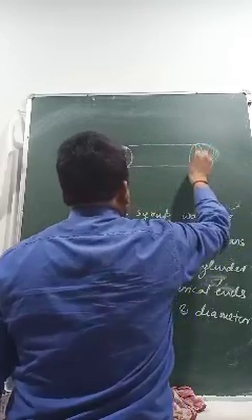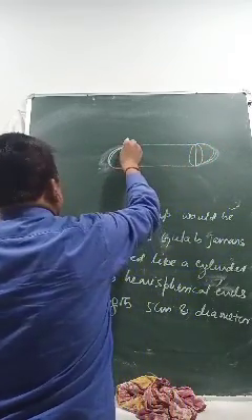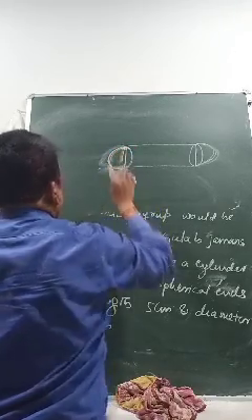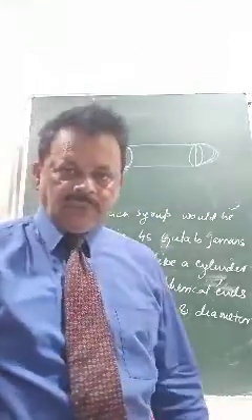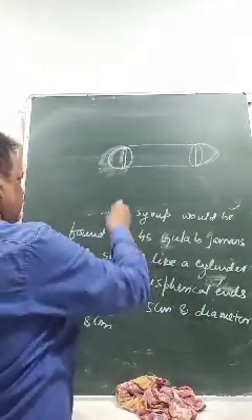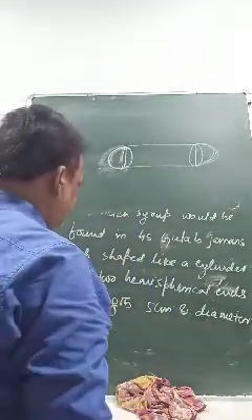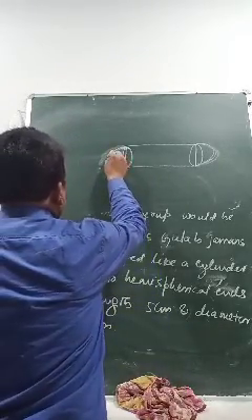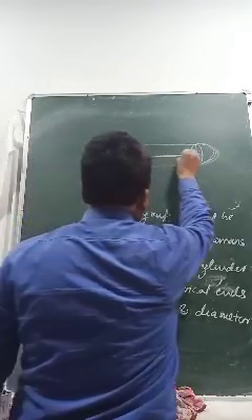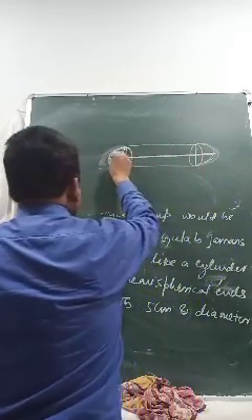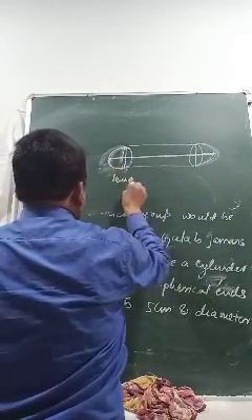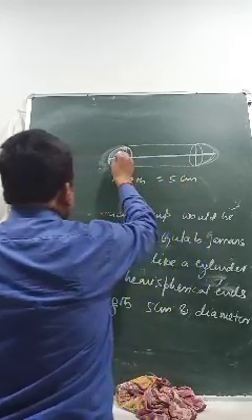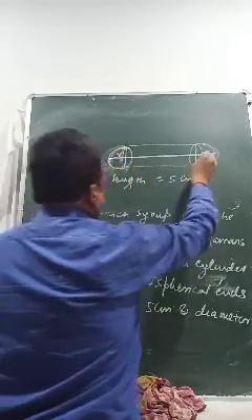Just imagine like this. Total length, the diameter is given. Length is 5 cm. Look here, length means this point to this point. This length equals 5 centimeter. That means this is R, this is also R.